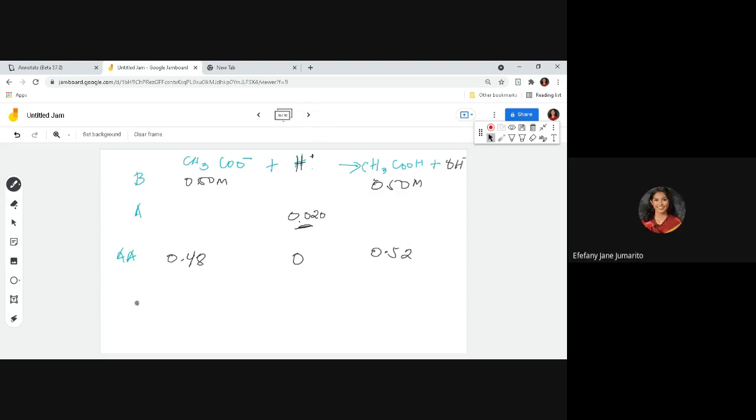Now, pH is equal to pKa plus log of CH3COO minus over CH3COOH.